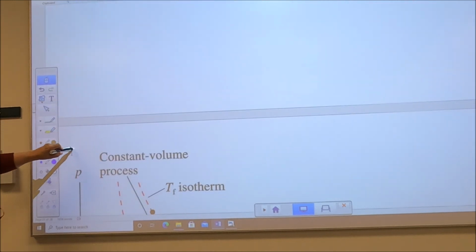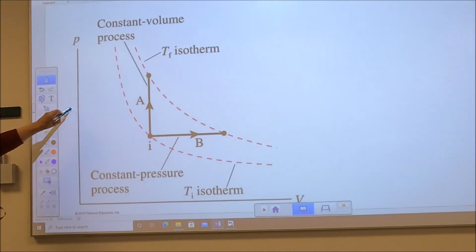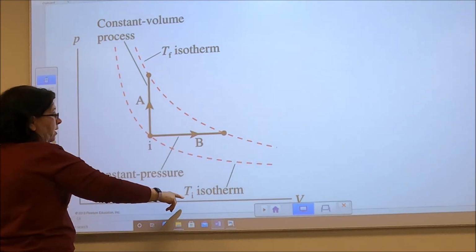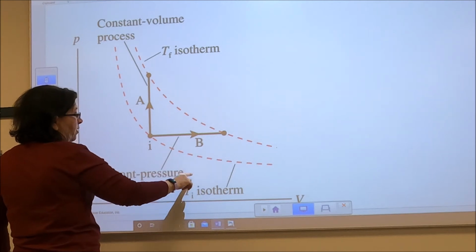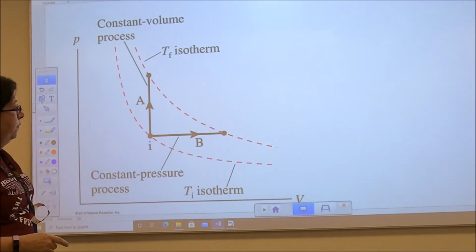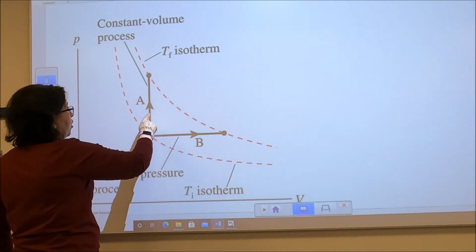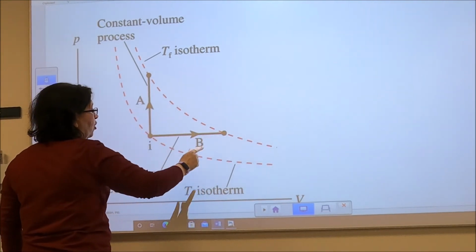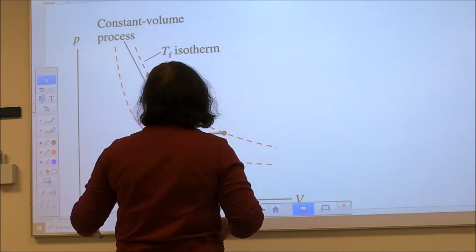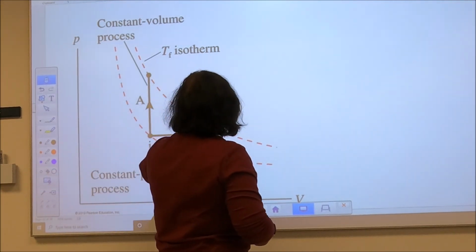Let me give you a pretty picture here. The book does better pictures than I do. So here are two isotherms. Isotherm 1, the initial, is at a lower temperature than isotherm 2. But if I go along trajectory A or along trajectory B, it doesn't matter. I have the same change in thermal energy.